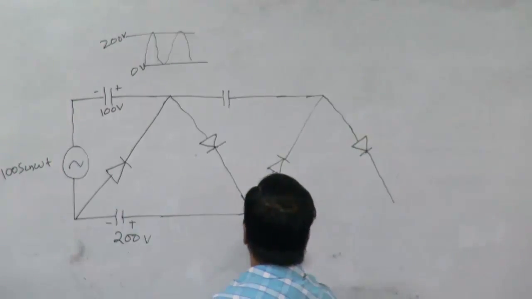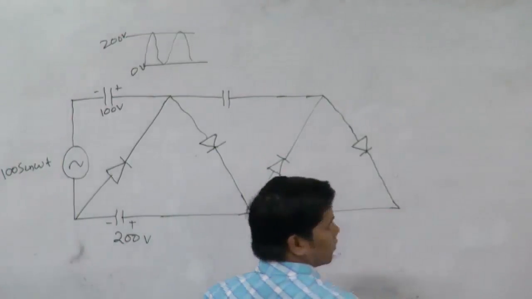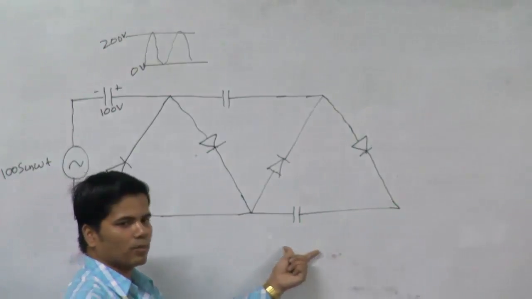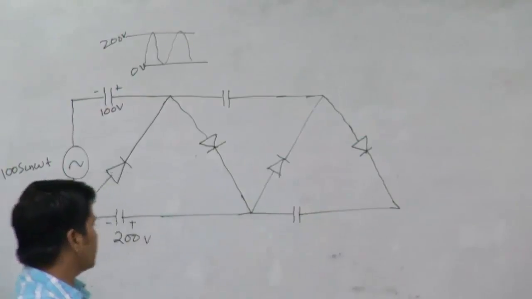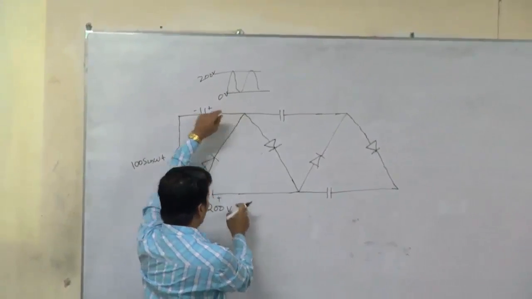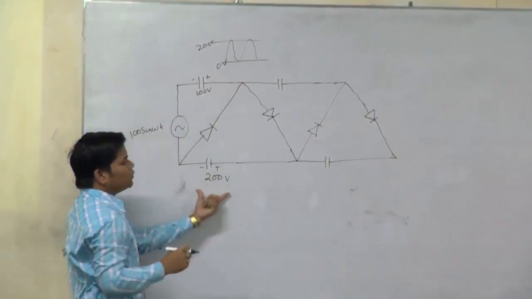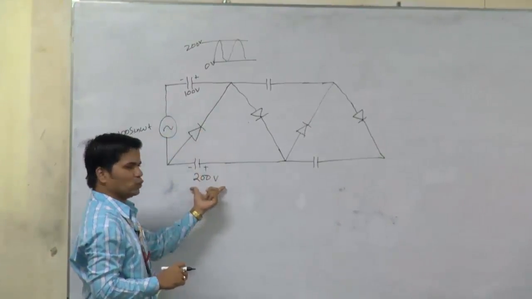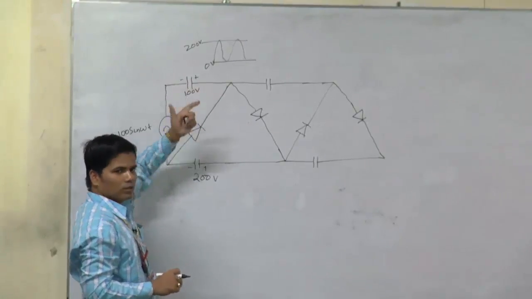Same here, we have to put one more capacitor. Here you see, the second capacitor and the second diode combination we have connected. Like this we can proceed. Here also, whatever voltage is available as we come from here up to this much, this voltage will oppose this voltage. So definitely this 200 volt and this voltage will have a subtraction.